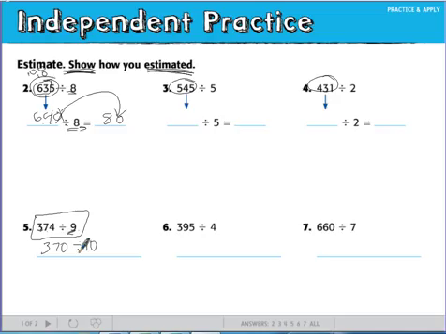Or I can look at this and I can say, well, what number is that close to that is compatible with 9? Which would be what? 36. 36. 300 divided by 9. So then I take my 0 over here. And 9 goes into 36 how many times? 4 times.